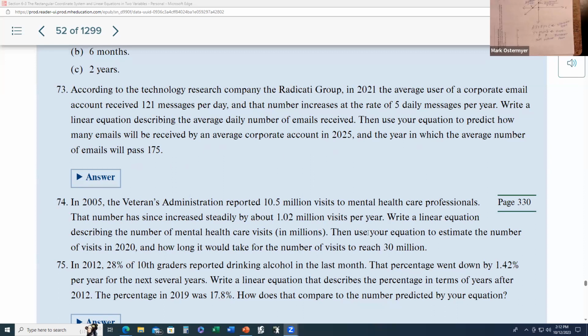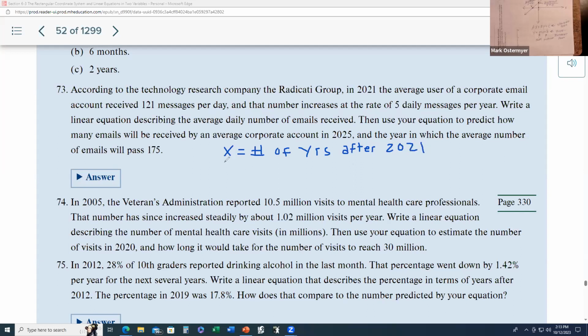Okay, I'll tell you what. The initial year was what? 2021. We're going to let X be equal to the number of what? Years after what year? The number of years after the initial year for this data, 2021, correct?